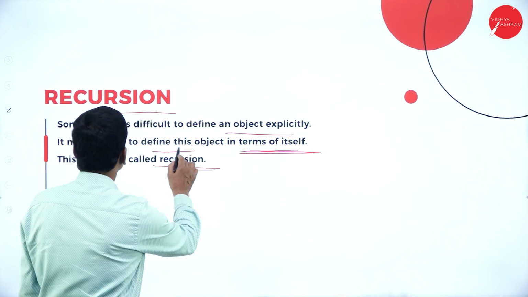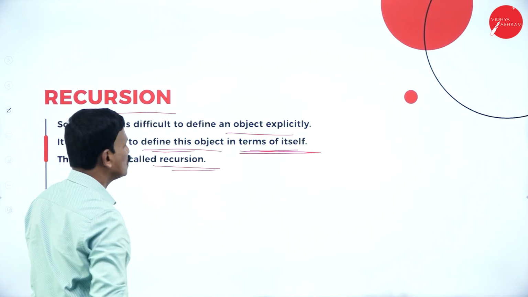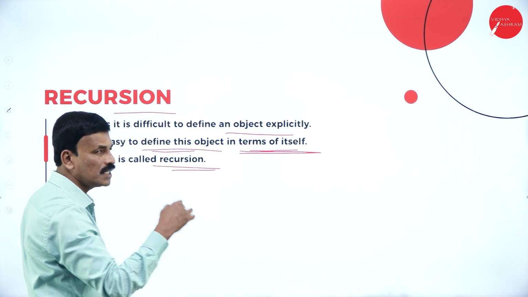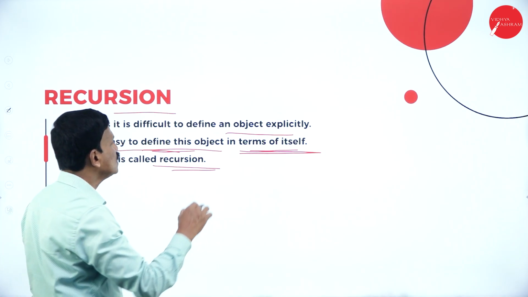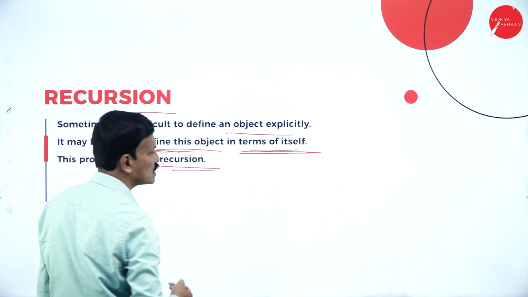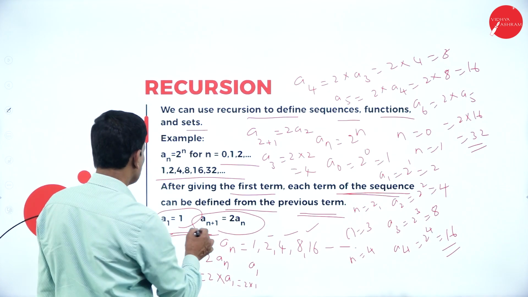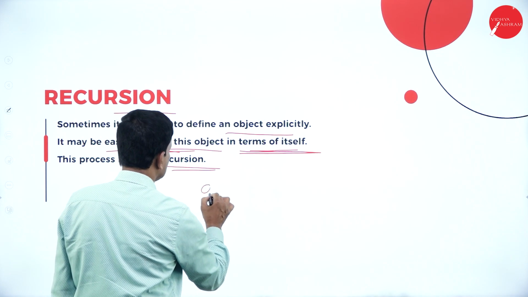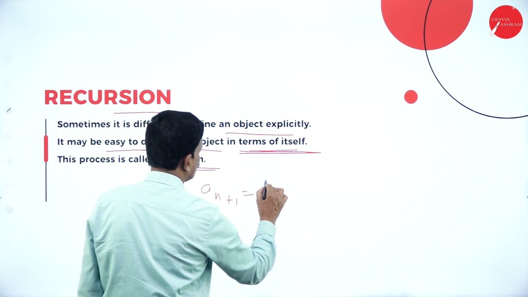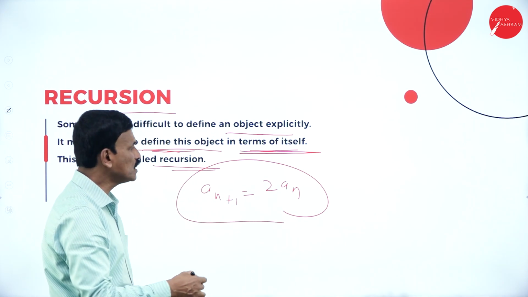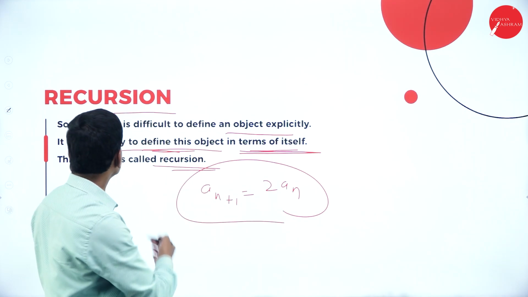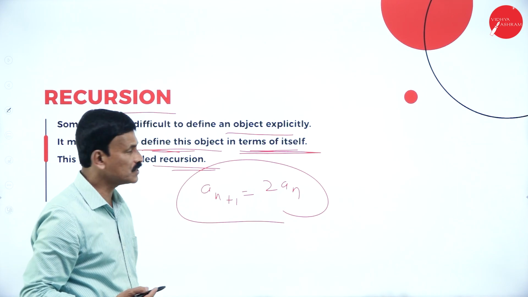According to the definition, the object can be repeated in terms of itself. Defining an object in terms of itself is called recursion. So A(n+1) is expressed in terms of An itself. That is called the recursive definition.